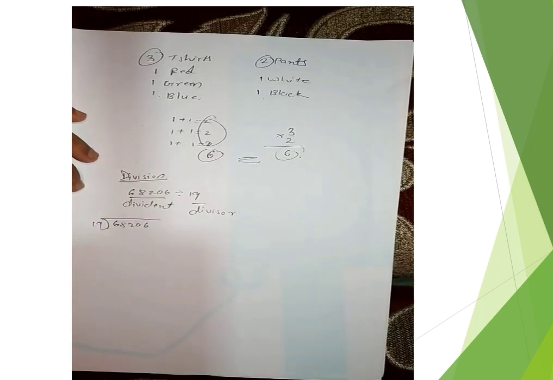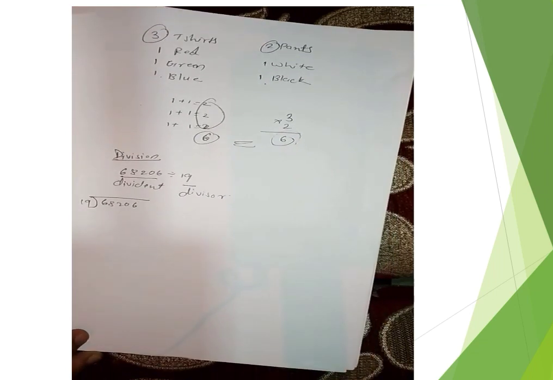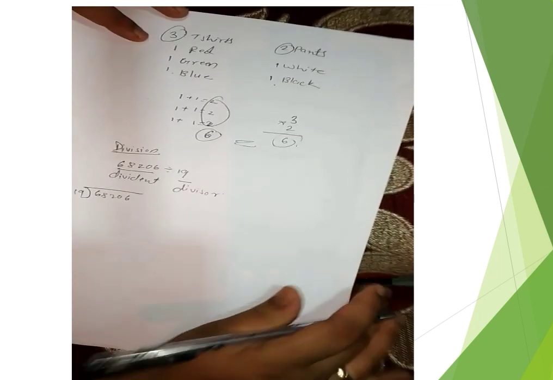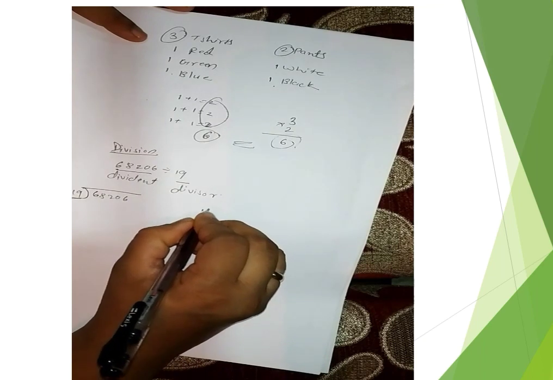68,206 divided by 19. So, to get this in an easy way, we will require the table of 19.